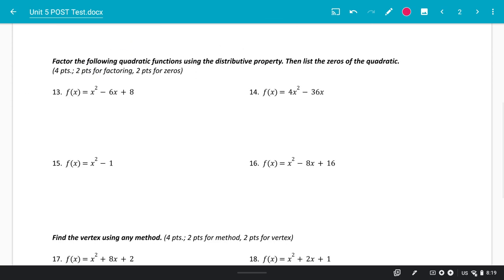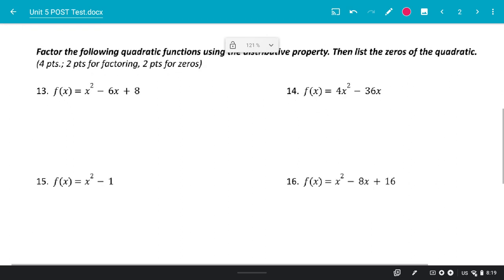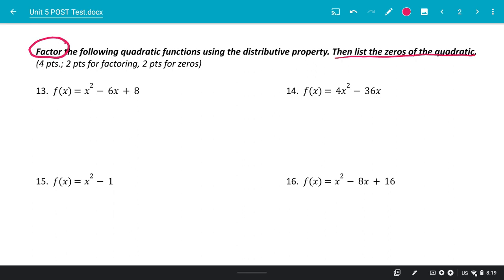Now, here is where we started having problems. But what I could see is the major problem was we didn't follow the directions. Factor the following quadratic functions, then list the zeros. Factor. You remember, is there a GCF?